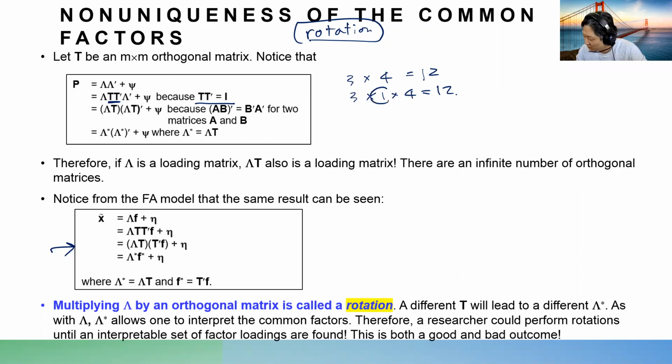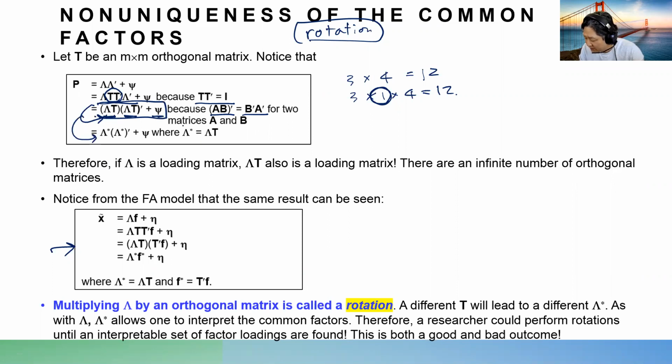So the identity is right here. And then we can rewrite it as lambda, the loading, times orthogonal, plus loading times orthogonal transpose, plus residual variance, because (AB) transpose is B transpose times A transpose. We learned that.